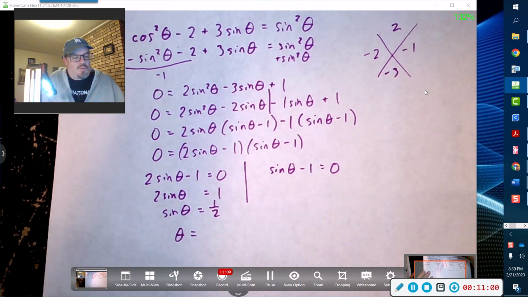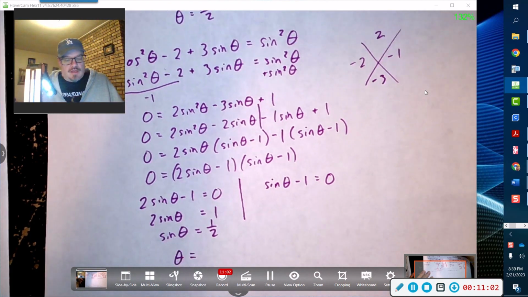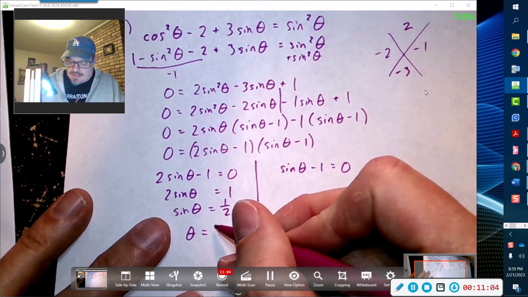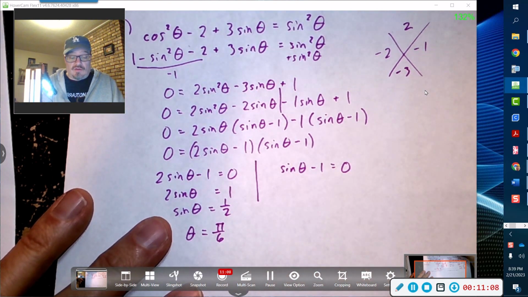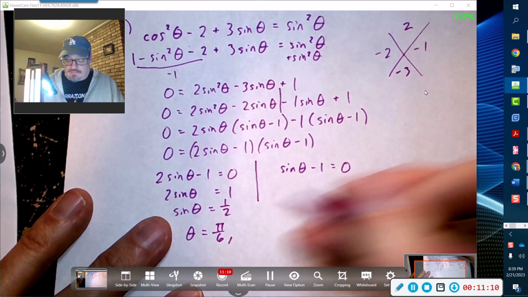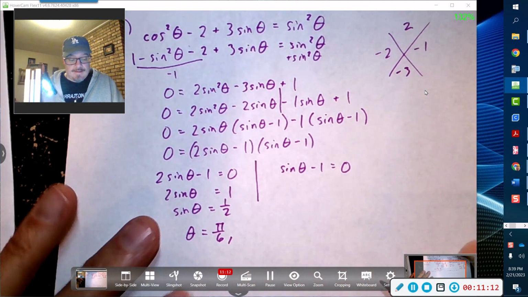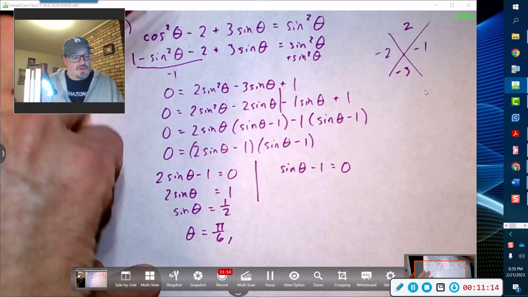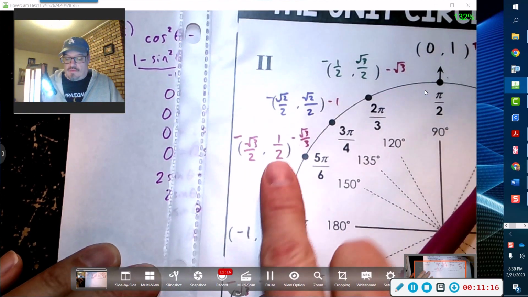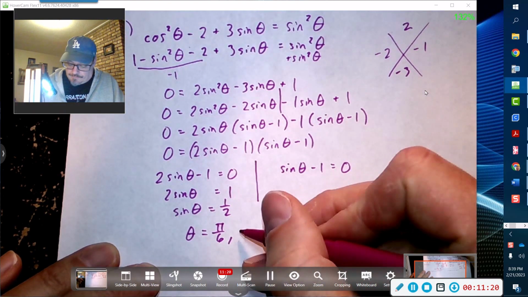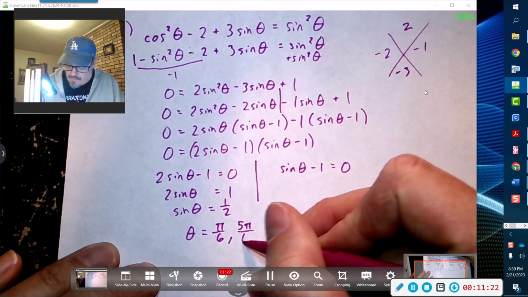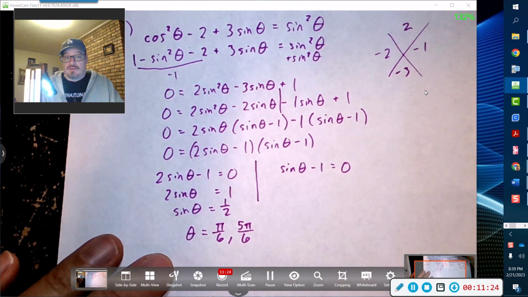Let's figure out where sine is a half. Sine is half at pi over 6. Now, I'm looking at my unit circle now, okay? It's not magic. And then sine is also positive 1/2 right here at 5 pi over 6, okay? All right, so there's 2 answers for this guy.